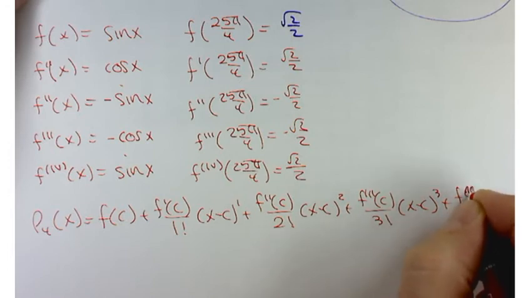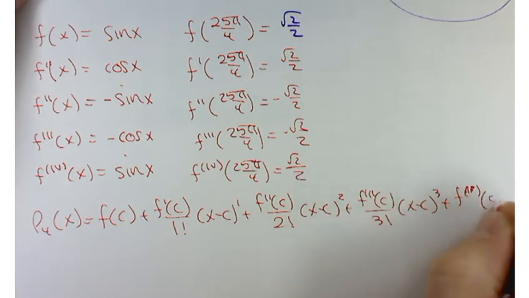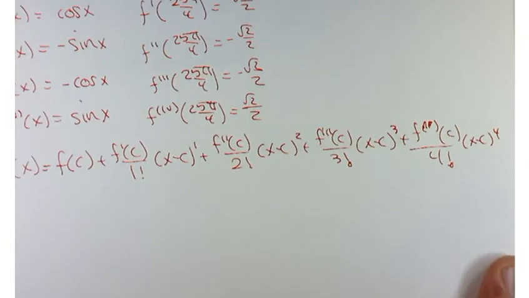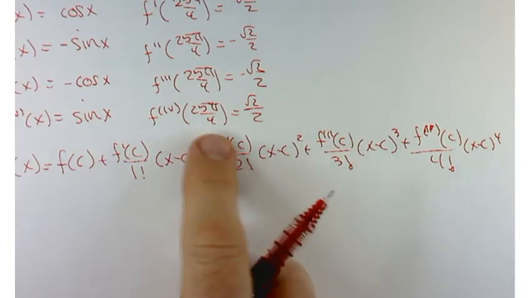That should be the fourth derivative of c over 4 factorial times x minus c to the fourth. c in this case is not a very pretty number, right? It's 25 pi over 4.